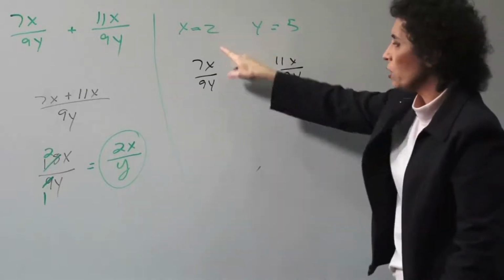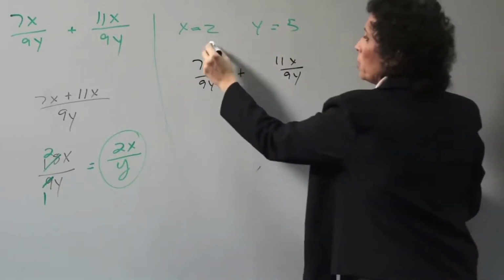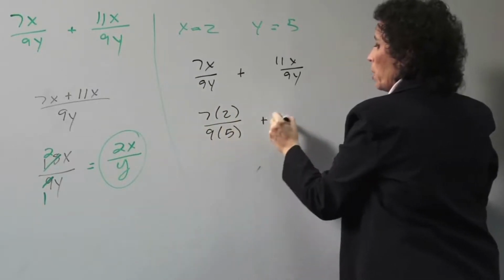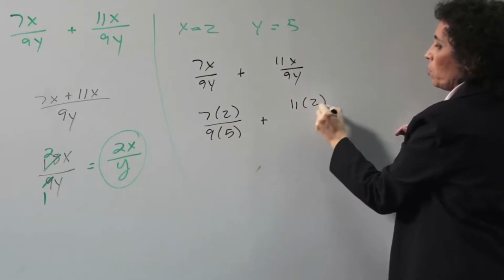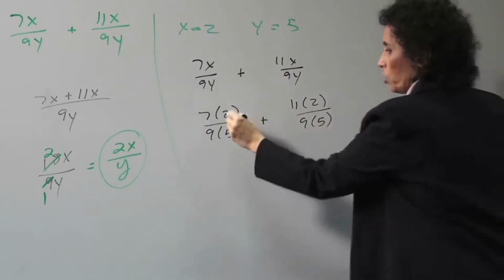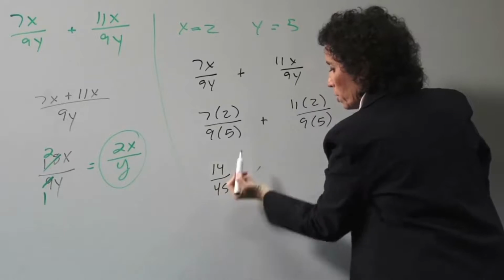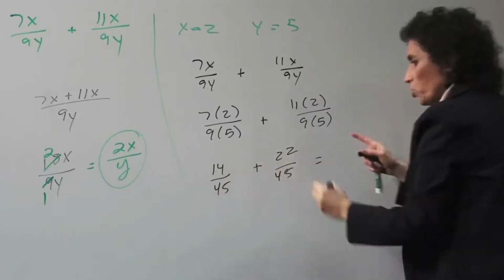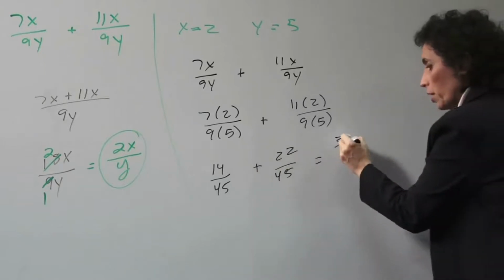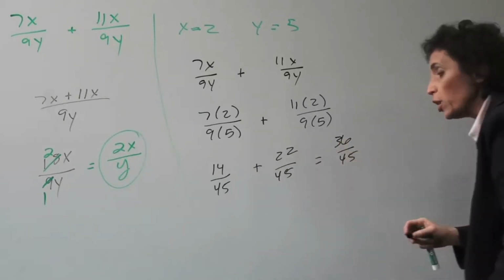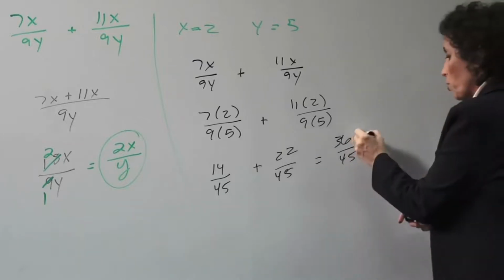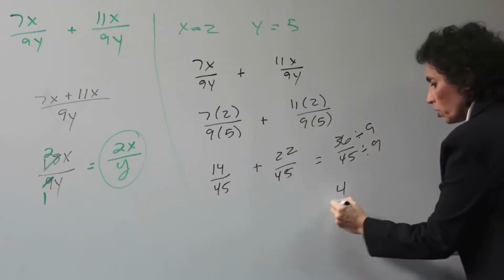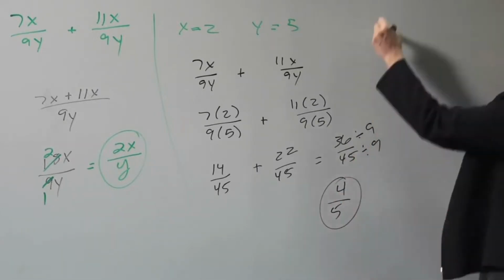If I plug in these numbers, I get 7 times 2 over 9 times 5 plus 11 times 2 over 9 times 5, which is 14 over 45 plus 22 over 45, which is 36 over 45, which can be reduced by 9. 9 goes into 36 4 times, 9 goes into 45 5 times. So my answer is 4/5.